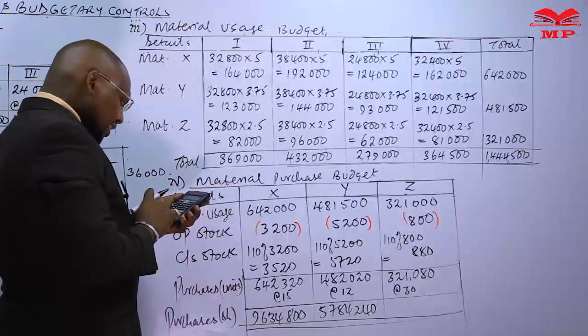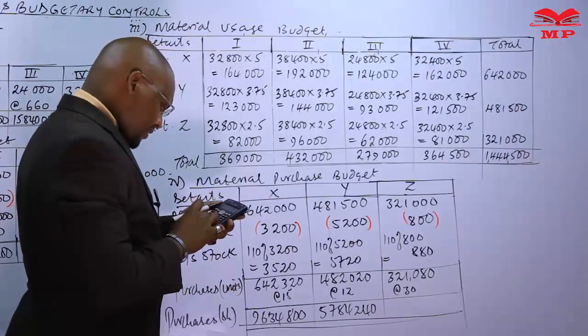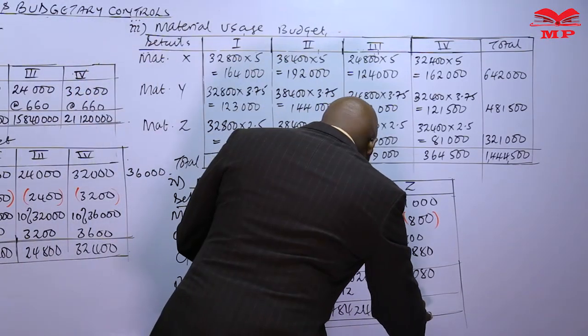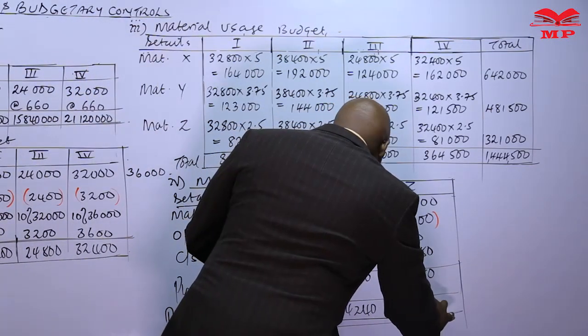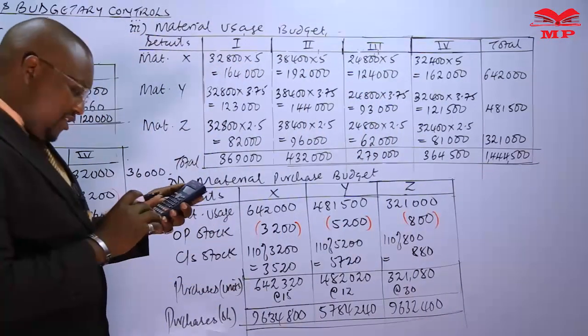Then 321,080 times 30 shillings is 9,632,400.